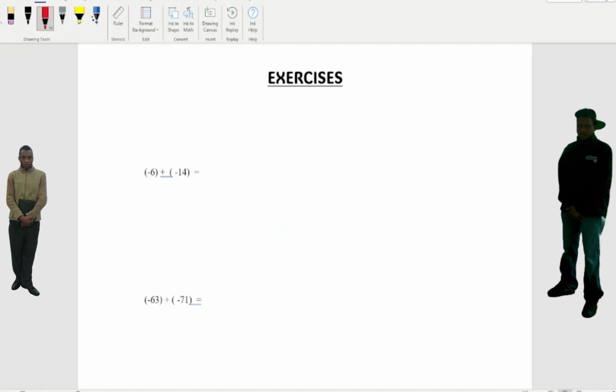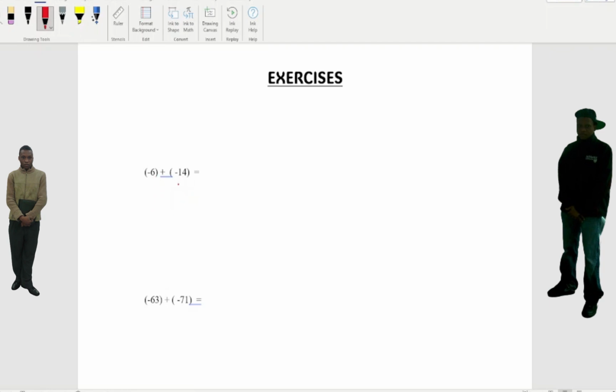Now we're going to do this part. So we got -6 plus -14. So what happens when you're doing this? We're going to do this one first.